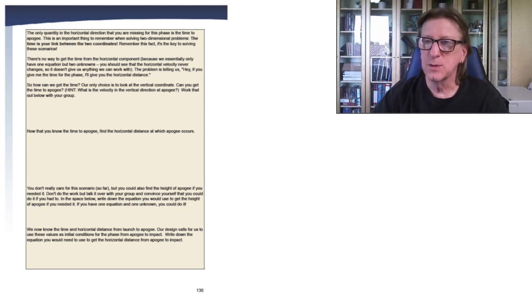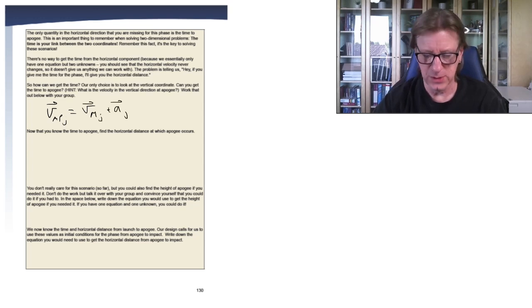All right, so we're ready to start putting this together in our step 5 then. So looking here, this is where we wanted to get the time. And if you remember, our equation for that was that we were going to have v_app j, which was our final velocity, is equal to v_0 j, which was our initial velocity, plus a_j, which of course is just gravity, times t to apogee.